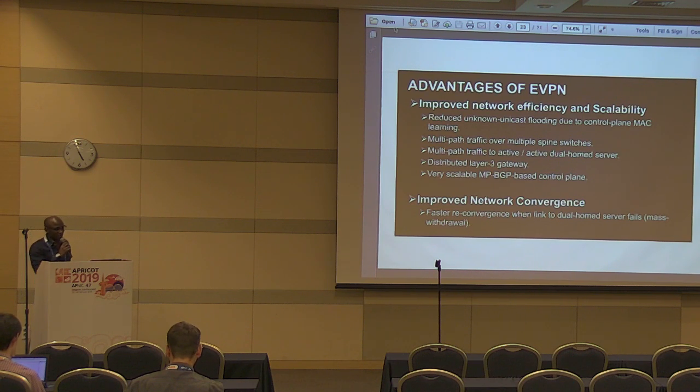But most importantly, the ability to have faster reconvergence when your server is dual-homed to two leaves, for instance. Those are some of the features we're going to be exploring within EVPN. The faster reconvergence is achieved with a feature known as mass withdrawal, which we'll come to in a bit.